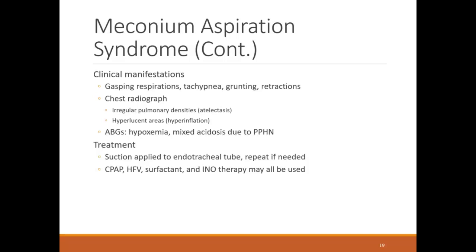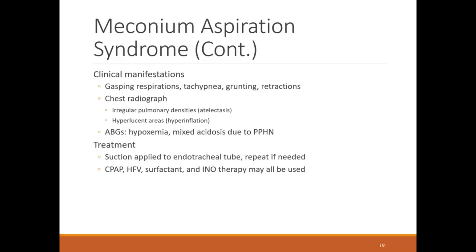They could be tachypneic, grunting, having retractions, anything that indicates increased work of breathing. On the chest x-ray, usually they report irregular pulmonary densities, which means atelectasis, or hyperlucent areas, meaning hyperinflation due to that gas trapping.